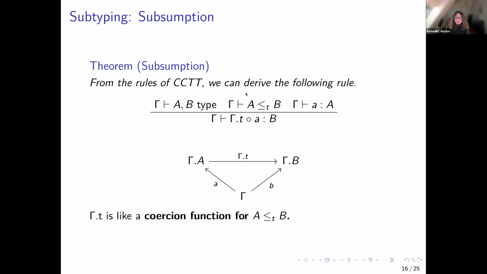So what this rule says is that if A is a subtype of type B in context gamma, and a is a term of type A, and recall that this is a macro for saying that a, the small a, is a context morphism in the section of the projection from gamma dot A to gamma, then we can build a term of type B, and the term is the following.